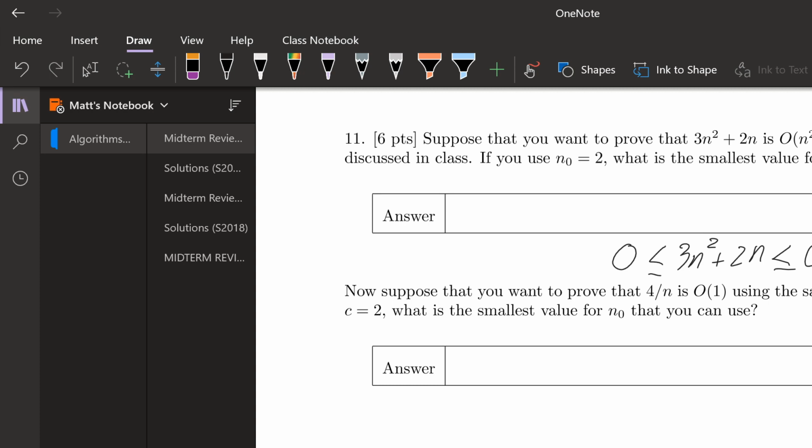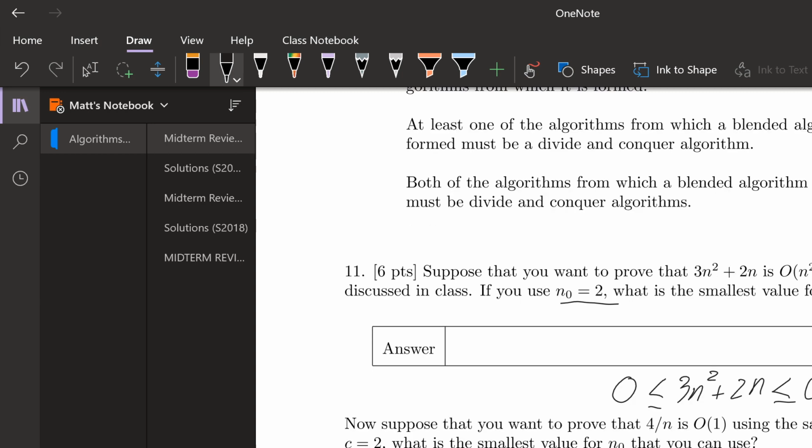All right, so in order to solve these, the best step I always come up with is to just plug in n equals 2 and see what it gives me. In this case, when n equals 2, we end up with 3 times 4 plus 4, which equals 16, right? And if we plug in 2 to just cn squared, we get c times 4. So c has to be at least 4. So that works for me.